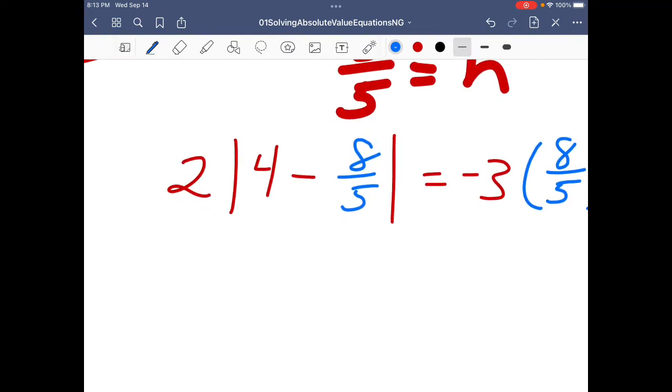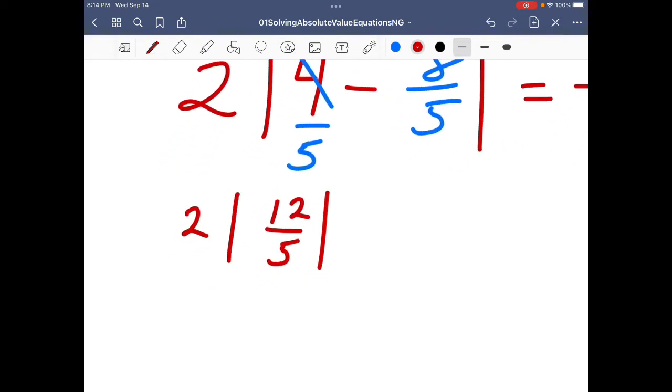So I got to take 4 minus 8/5. Now, you can do that with a common denominator. The common denominator should be 5, which is going to change the numerator to be 20. So if I go through that math, that's like 20 minus 8, that's 12/5.